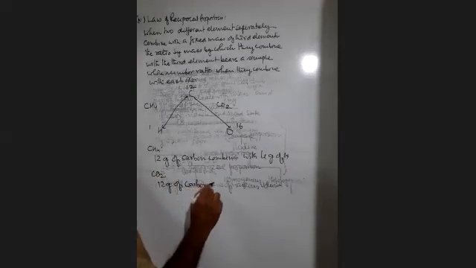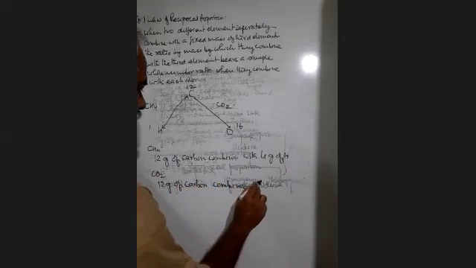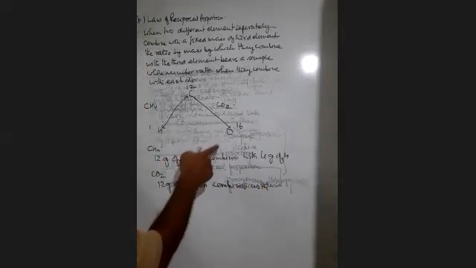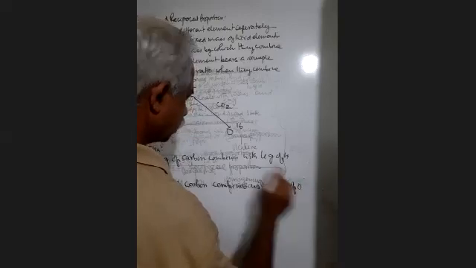And in case of carbon dioxide, what is it? See here, 12 gram of carbon combines with oxygen is 16, so this is 32 gram of oxygen. So you see here, both of them the carbon weight is same.